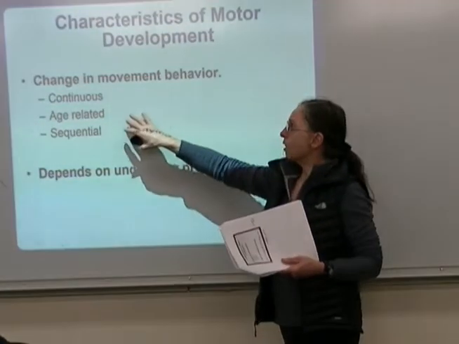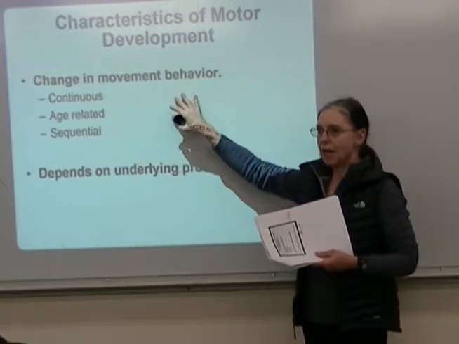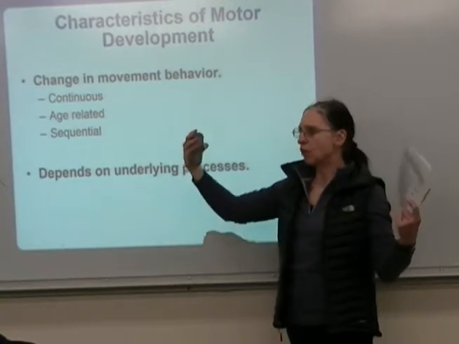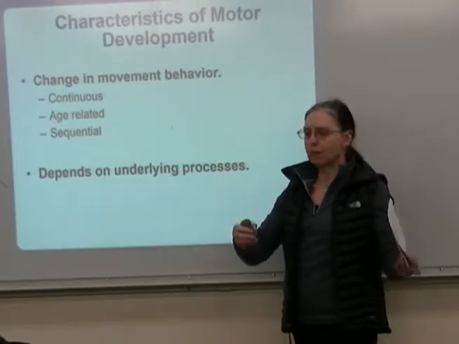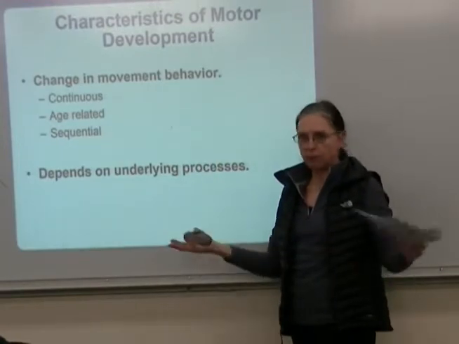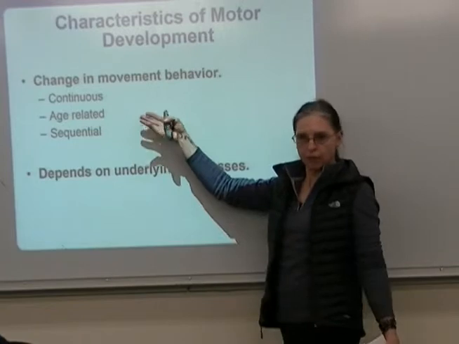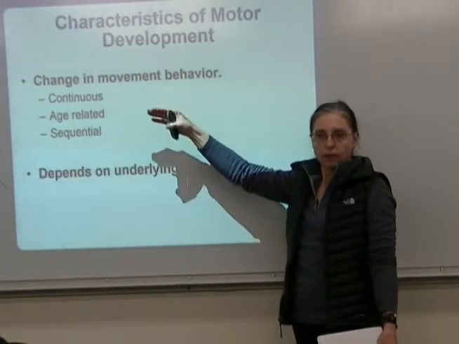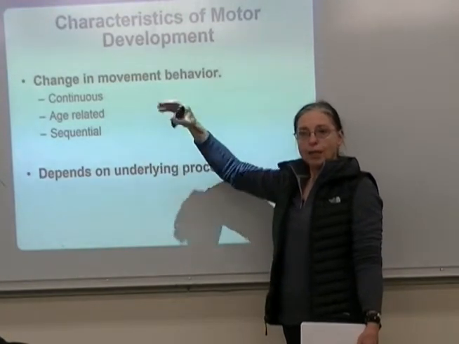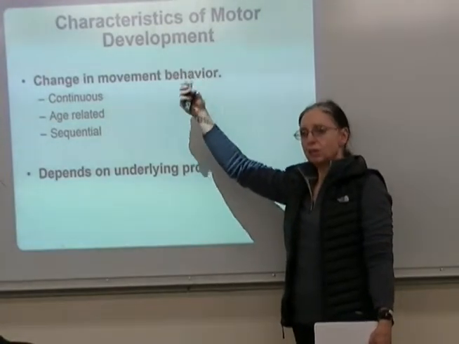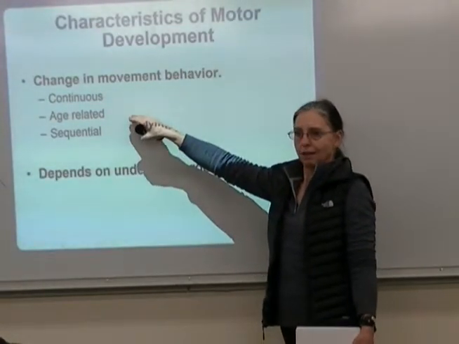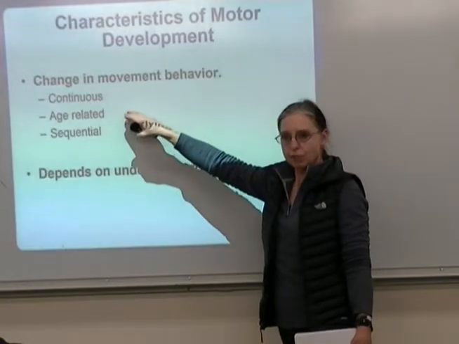All right? So changes in movement behavior, what we see, what we observe people do, is age-related. A 3-month-old doesn't run, period. That's clearly age-related, right? But when I'm looking at a 10-year-old, their throwing isn't age-dependent, it's age-related.